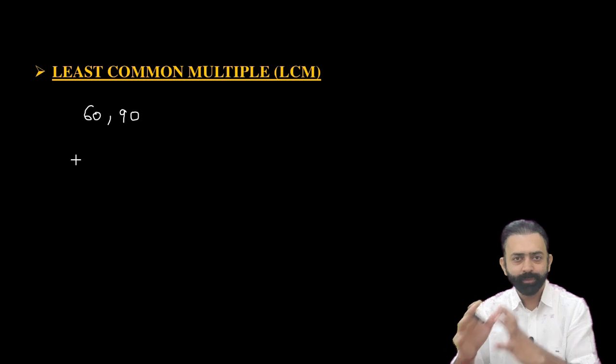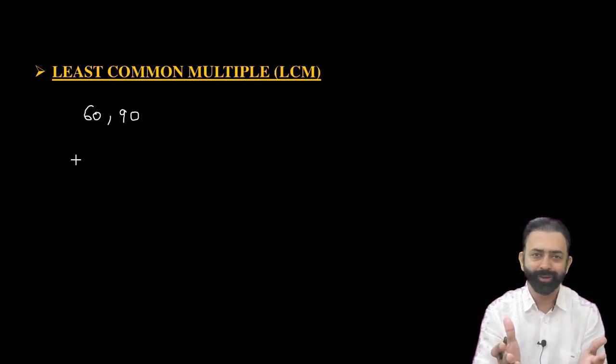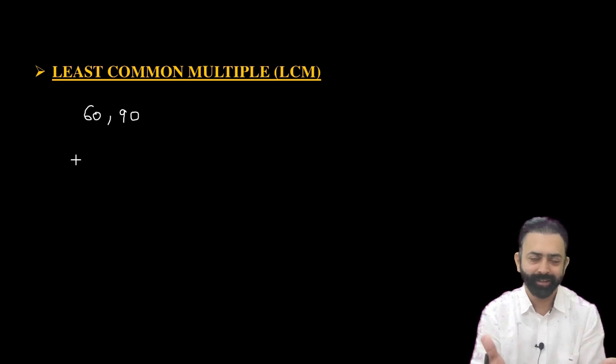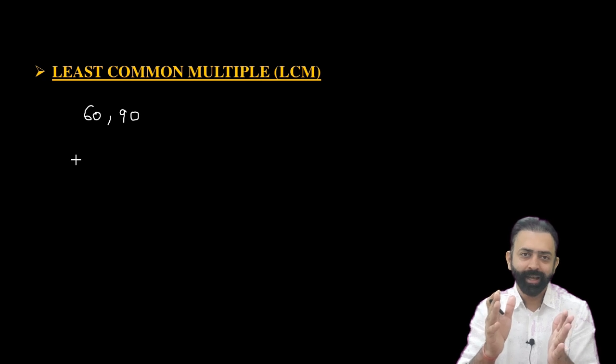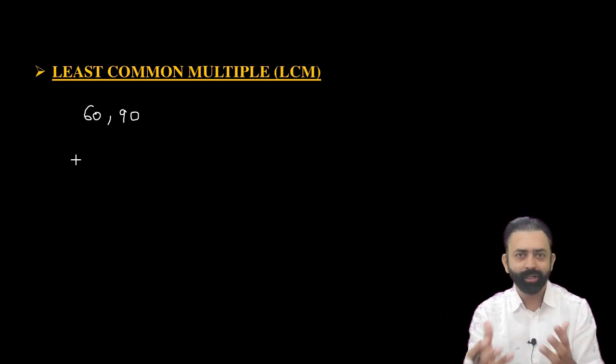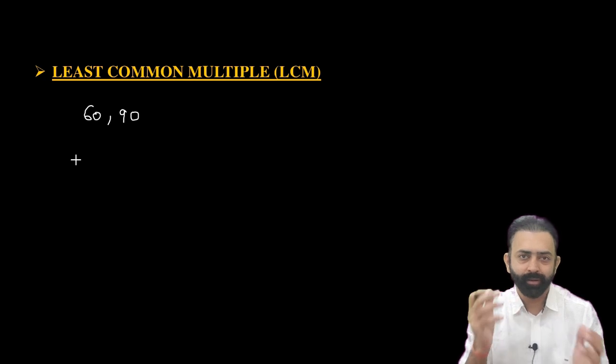Out of these multiples of 60 and 90, which one is the least? The answer I think you got, which is 180. 180 is the multiple which is common to both 60 and 90, and it is the first multiple which is common. Although 360 is also a common multiple of 60 and 90, that is not the least, right?